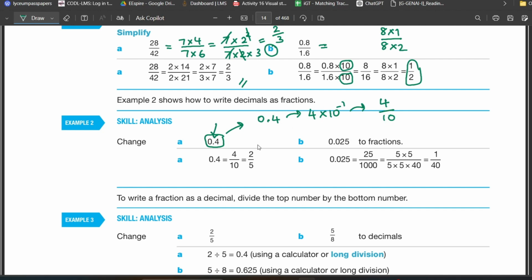These two are equal. So 4 over 10 we can further simplify into 2 over 5. How? 4 over 10 equals 2 times 2 over 2 times 5. We can cancel those common factors, then we are left with 2 over 5. Okay, I hope those are clear.